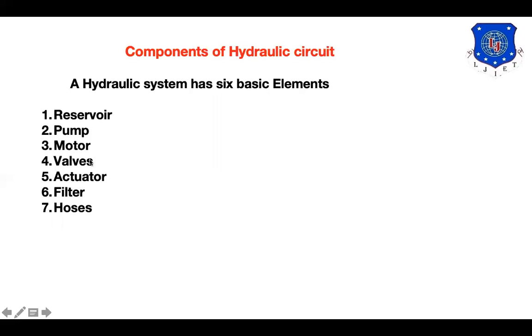First one is a direction control valve, second one is a pressure control valve, and third one is a flow control valve. Each valve has its own application. Fifth element is the actuator, or we also call it a cylinder. Sixth element is a filter, and seventh one is hoses which connect the different elements, right?